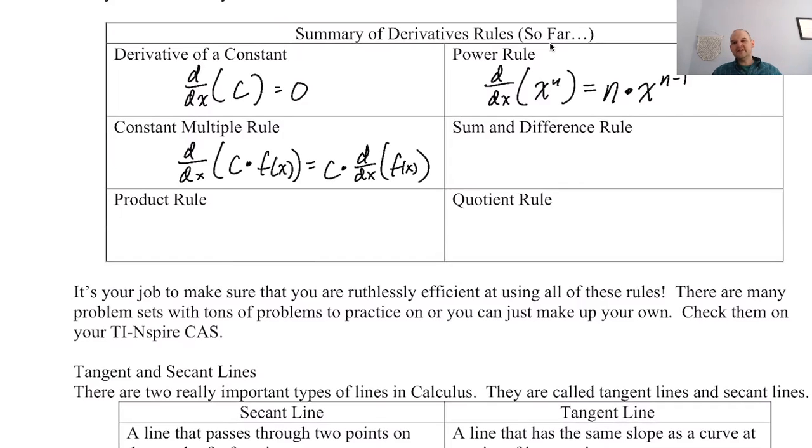I'm kind of mixing and matching my function notations here, but I think it's okay. The derivative of a constant times a function is the constant times the derivative of the function. You will use it a million times. You will never really think about it, but it's a rule.